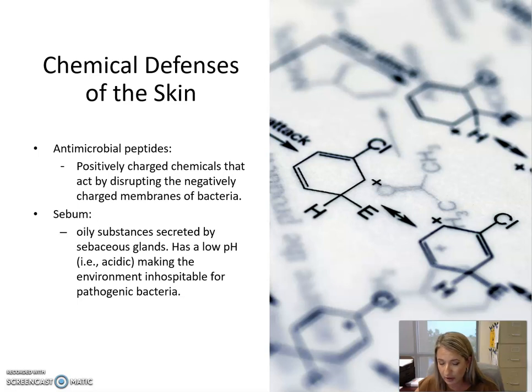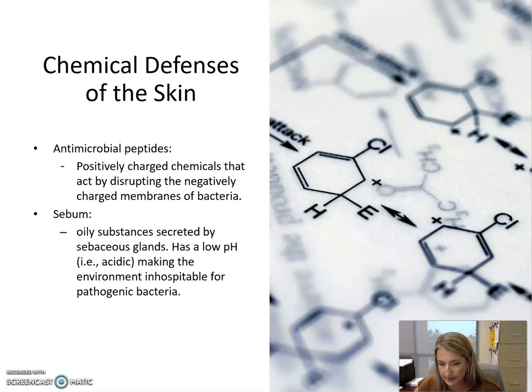They tend to prefer a neutral pH. So because your skin has an acidic pH due to this process, it makes it a harsh environment for most pathogenic bacteria. So for most pathogenic bacteria, if they would land on the skin, they would not be able to thrive in that low pH, that acidic environment.